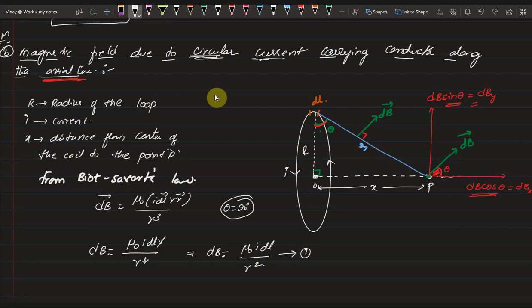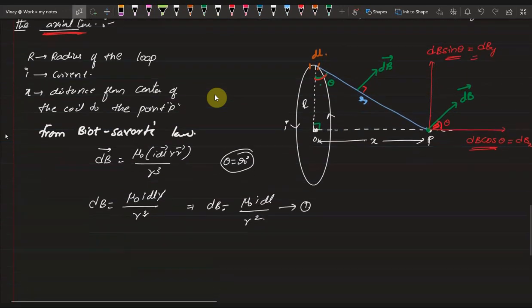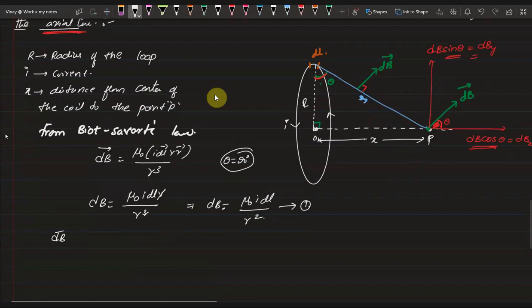Yes, sir. Okay, so here I will consider theta value as 90 because dB bar is perpendicular to the plane of dl bar and r bar. Now, for example, here dB bar at point P is resolved into two components.